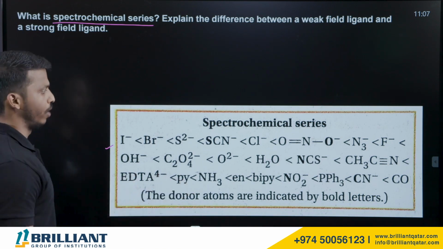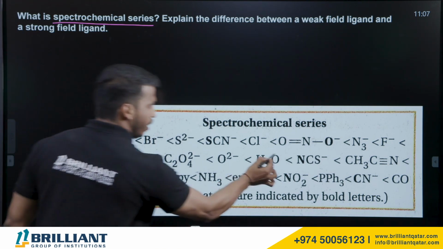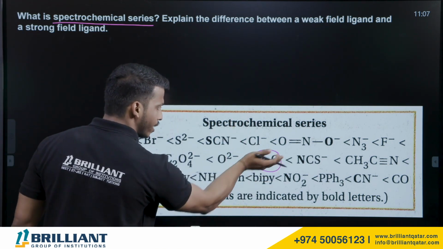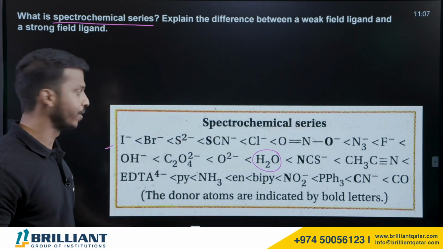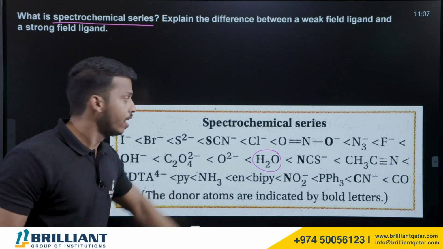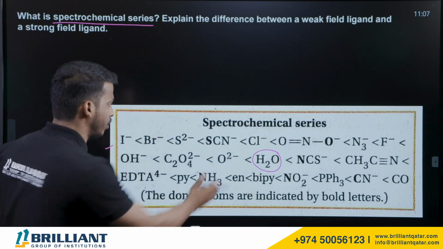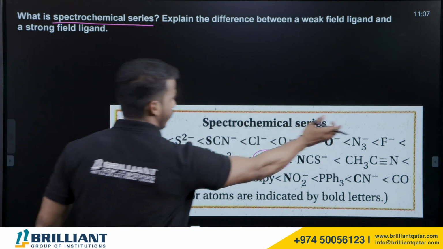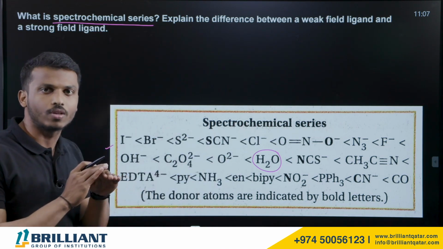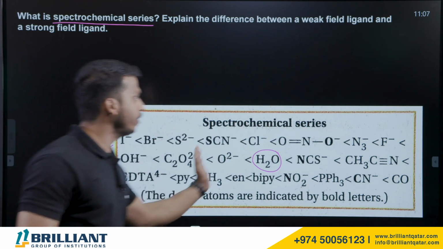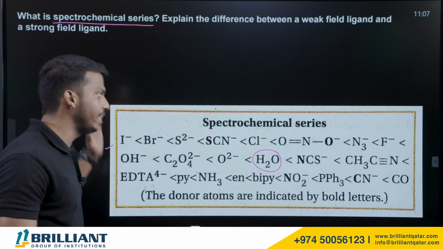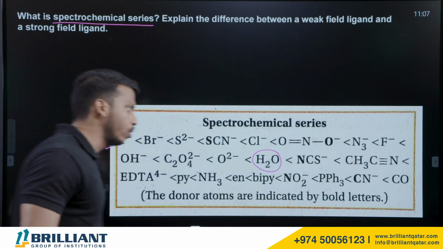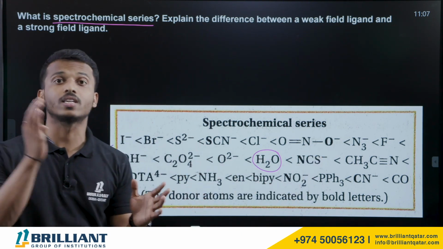Including H2O and the species to its left are considered weak field ligands, meaning oxide, oxalate, hydroxide, fluoride, all of these are considered weak field ligands. After water, all of them are considered strong field ligands. So the series starts from weak field to strong field, for crystal field splitting.